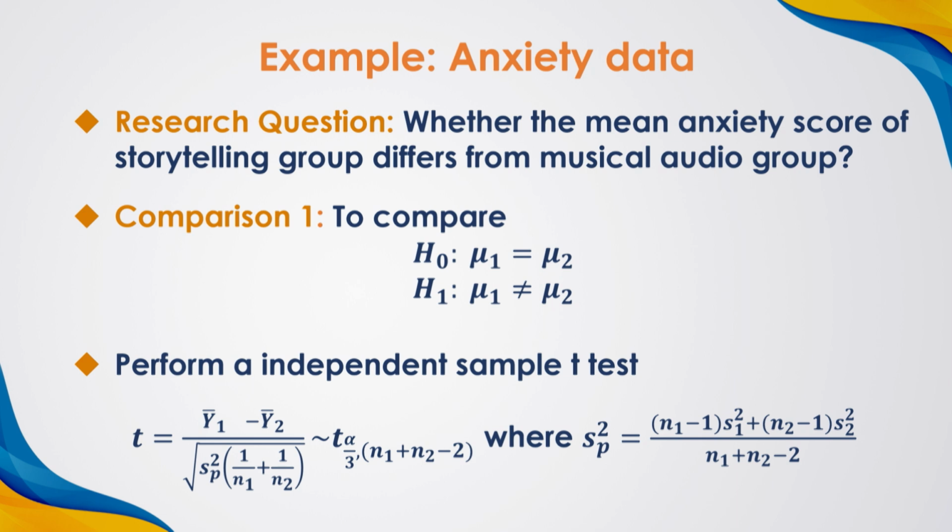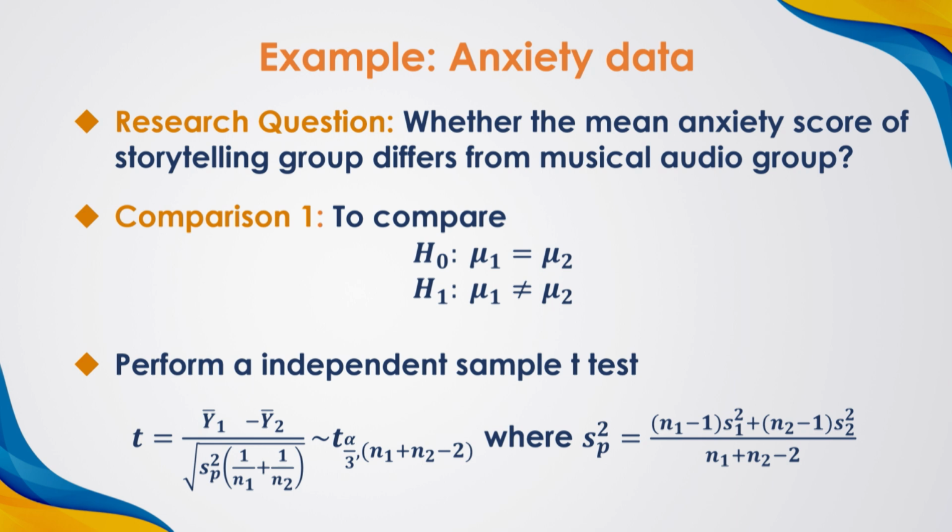The test statistic for independent sample t-test is t is equal to y1 bar minus y2 bar divided by the standard error of the difference, which follows a t distribution because we are going to get the value from the t table.